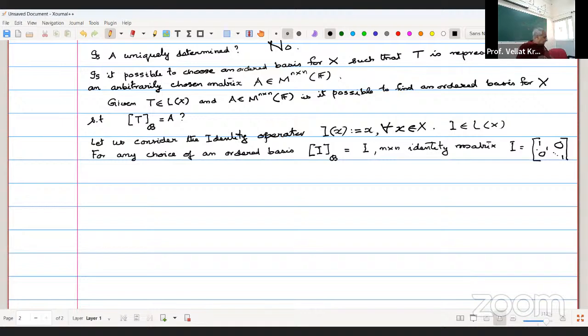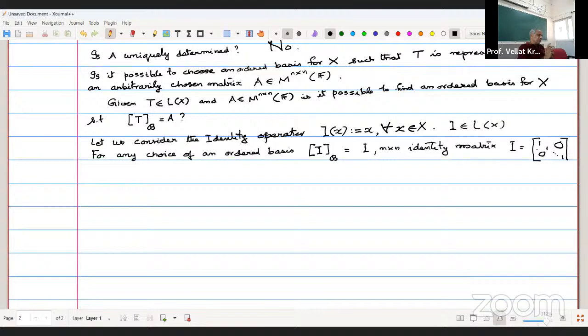And therefore, it is clear that if you choose an arbitrary A which is not equal to the identity n by n matrix, then it cannot represent the identity operator.